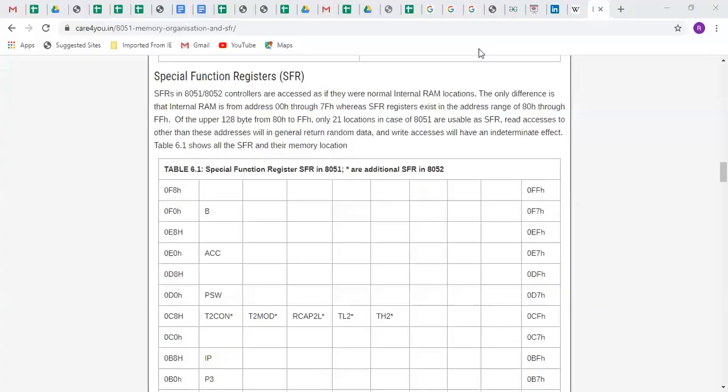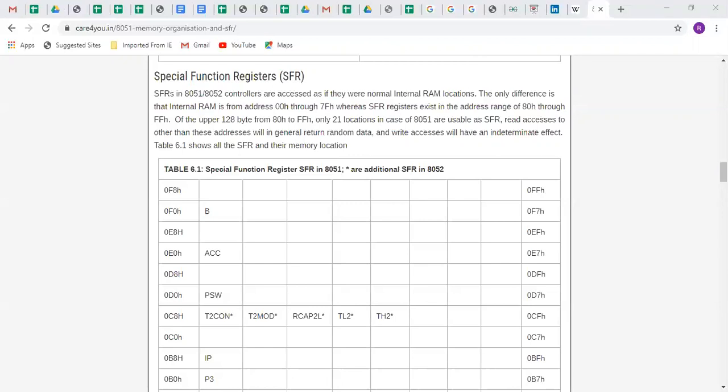Taking a summary of what we have seen in this video, we started with some of the initial features of the 8051. We said that it is a microcontroller, it is an 8-bit controller, it has an internal RAM of size 128 bytes, it has an internal program memory, a flash memory of 4 kilobytes.